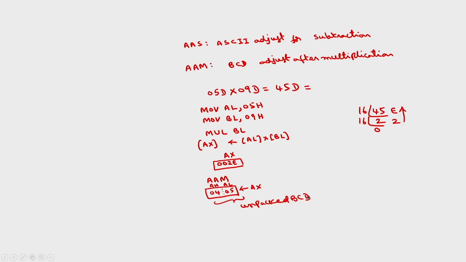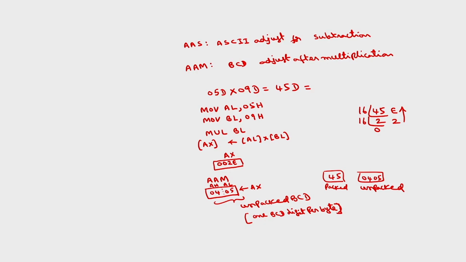What is meant by unpacked BCD is that only one BCD digit per byte is called unpacked BCD. Packed means something like 45. If I contain 45 in one byte, this is called packed BCD, whereas 04 and 05 is unpacked BCD. This is packed and this is unpacked. So, this is the definition of unpacked BCD.